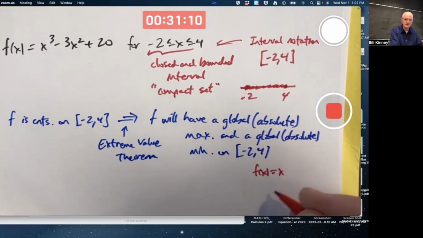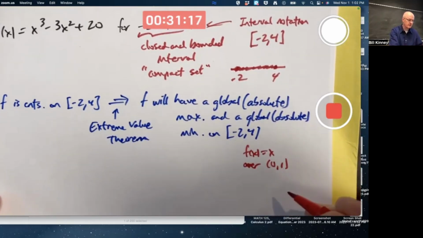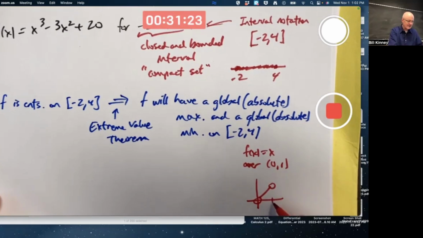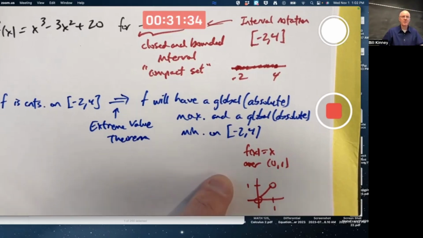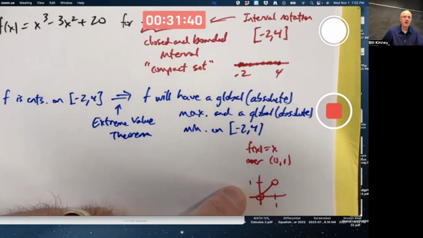Like if f of x equals x, and your interval is the open interval from, say, 0 to 1, for extra emphasis, I'm making open circles at the origin and at the point 1, 1 to indicate that those are not points on the graph. That function on this open interval has no high point and no low point. There is no highest point to this graph and no lowest point.